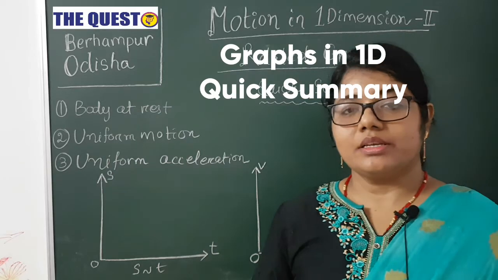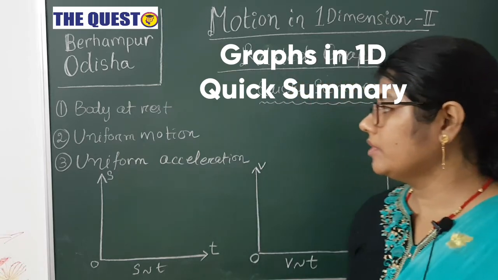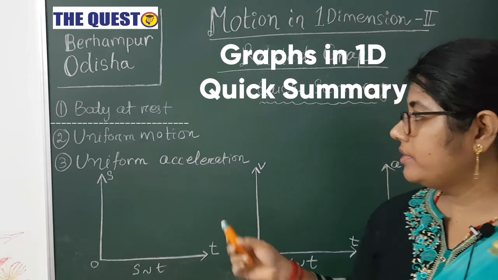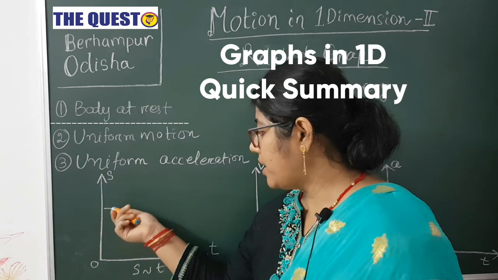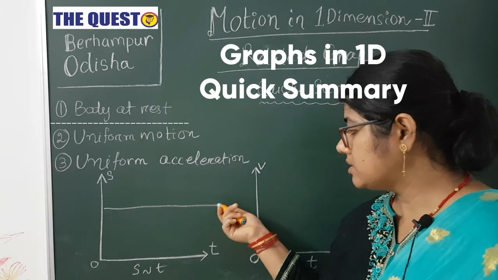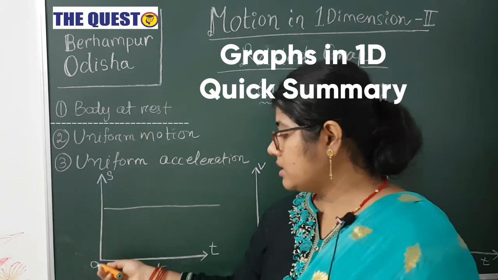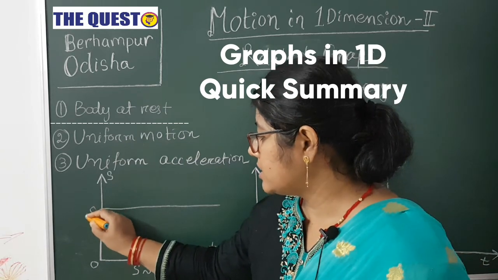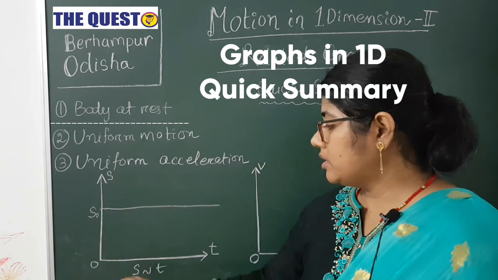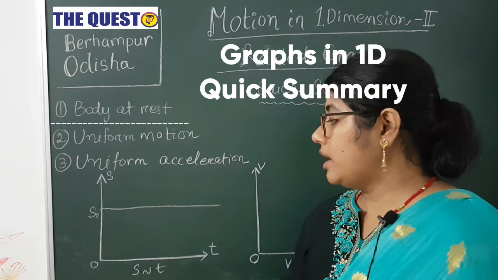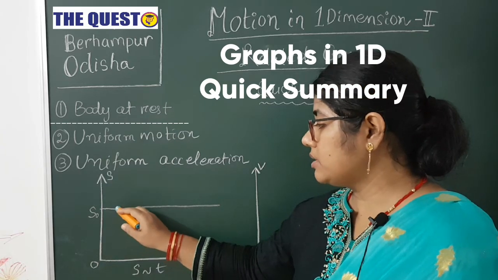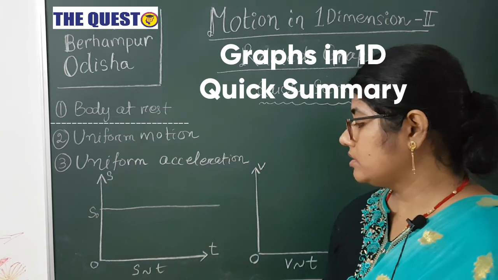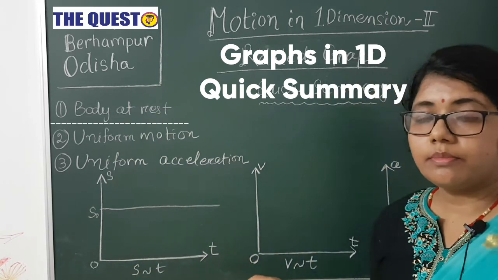Now let us have a quick summary of the discussion. For a body at rest, the displacement time graph is a straight line parallel to the time axis, as the body is at a certain distance S0 from the point of observation and keeps its position at S0 with different time.